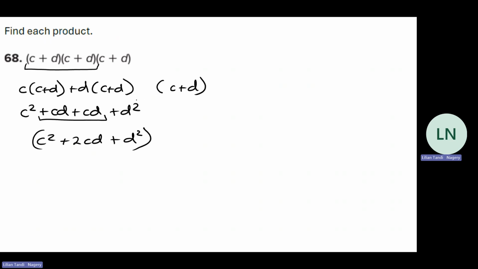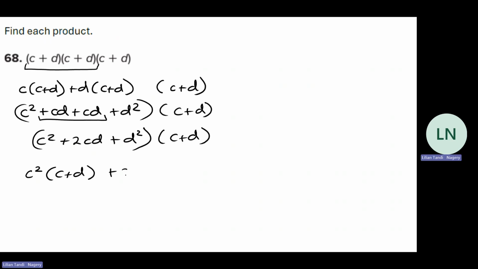Then all this, I'm going to multiply with C plus D. Okay? So I'm going to do distributive property. C squared times C plus D, plus 2CD times C plus D, plus D squared times C plus D. So then this becomes C cubed.